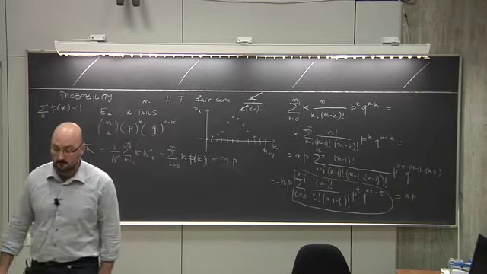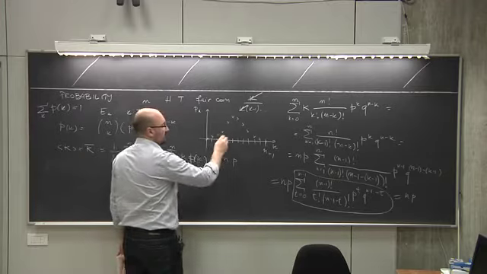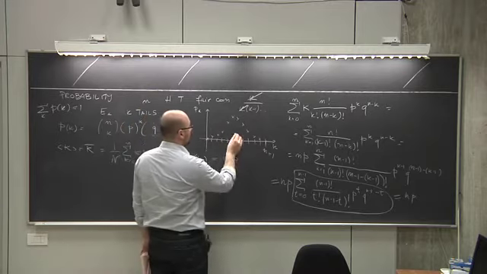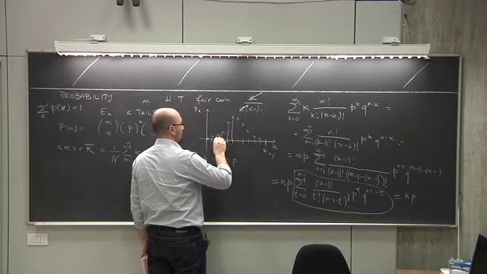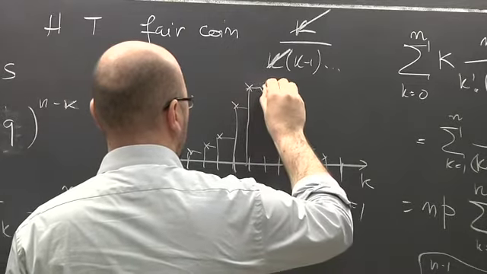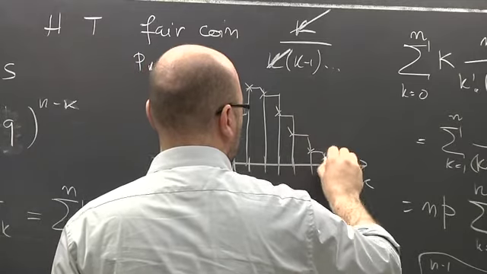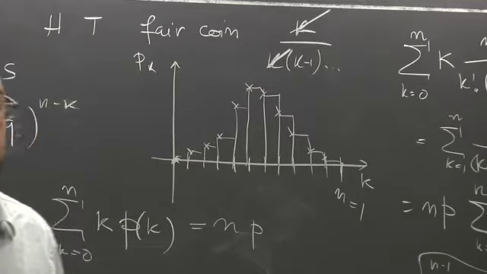Can I say n times p is the area on the pk diagram? No, the area under this diagram. Okay, so first of all, this is discrete. If you build a histogram, then the area under this curve is 1, right?